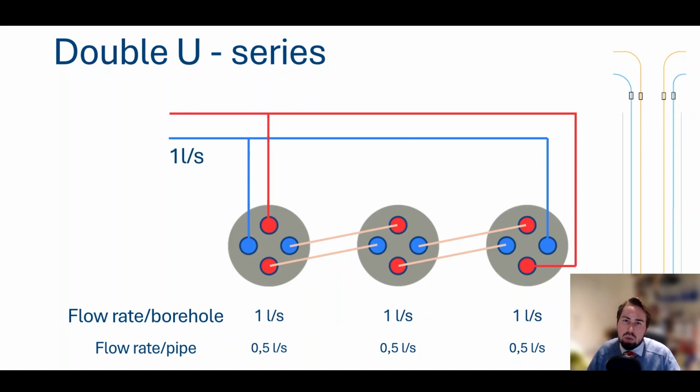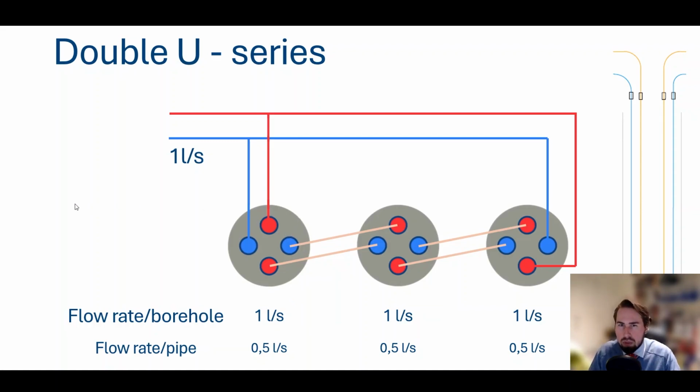And that's because we want every borehole to exchange more or less the same heat with the underground, because that's important for our system's efficiency. So that's why we do this from both sides at the same time. And we know again that the flow rate through every pipe, which is being calculated in the backend, is half of what goes through one borehole, because there are double U-tubes.